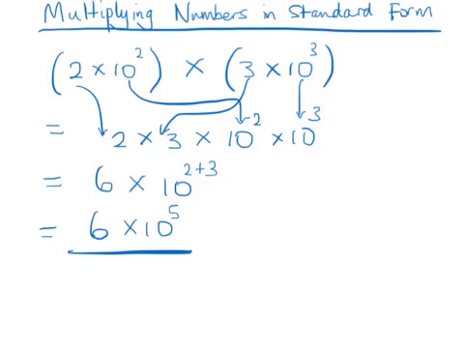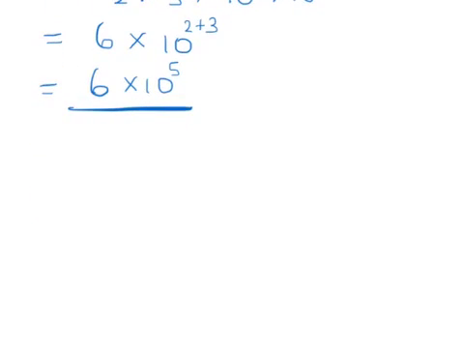Let's do another example of that. Let's change the colour, and we'll do it in purple. So, let's have a look at this one. We're left with 4 times 10 squared times 6 times 10 to the 4.